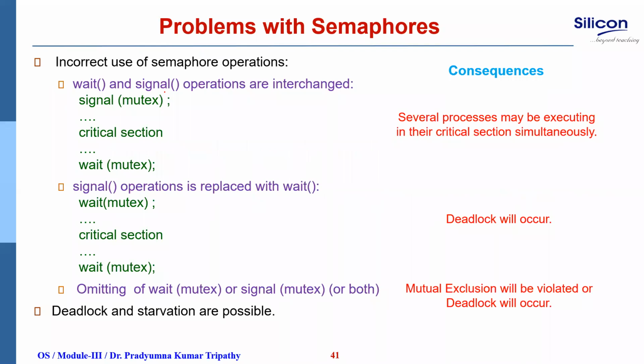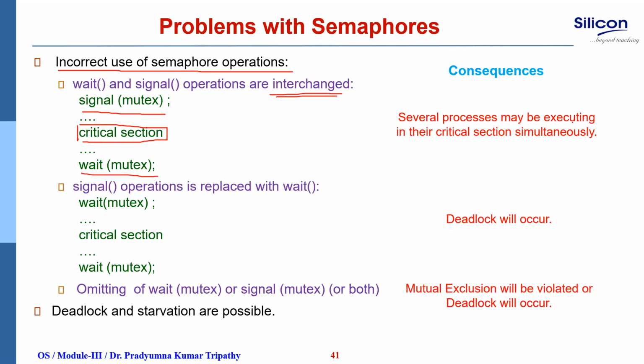There are some problems that may occur in a semaphore as well. What are the problems with semaphore? Incorrect use of semaphore. While entering into the critical section, usually we give wait before and signal after. Sometimes we change it by giving signal first and then wait. If I interchange this, and suppose I have given signal(mutex) before the critical section and wait(mutex) after it, then what will happen?